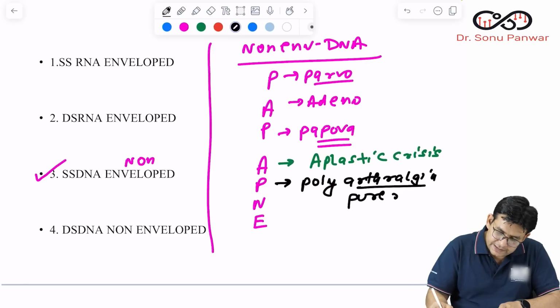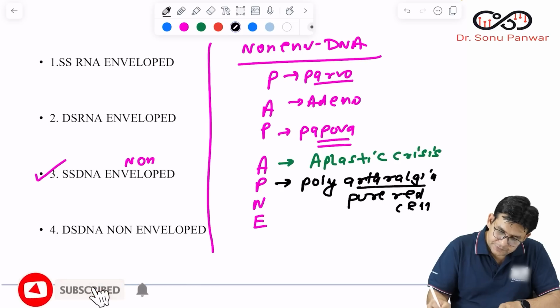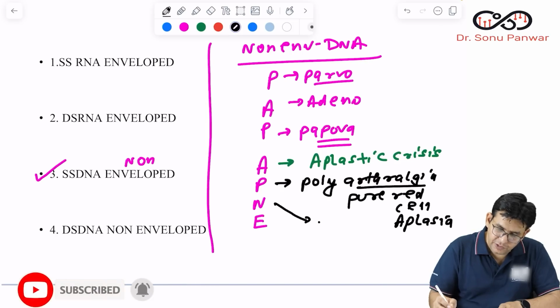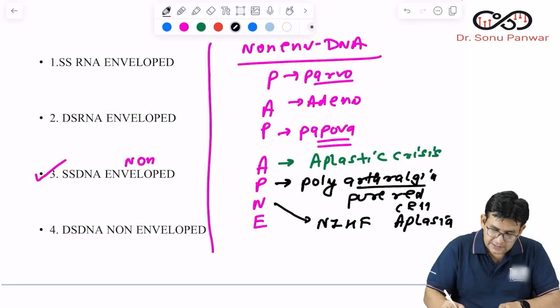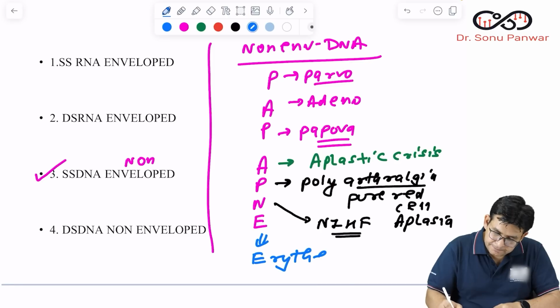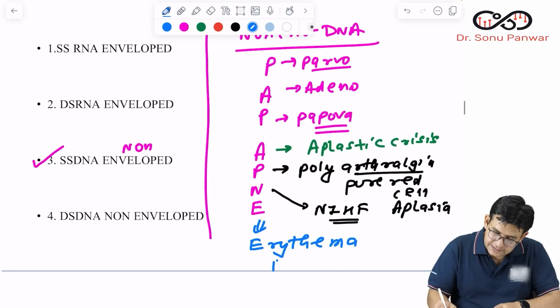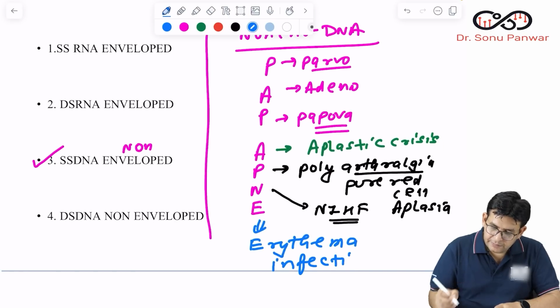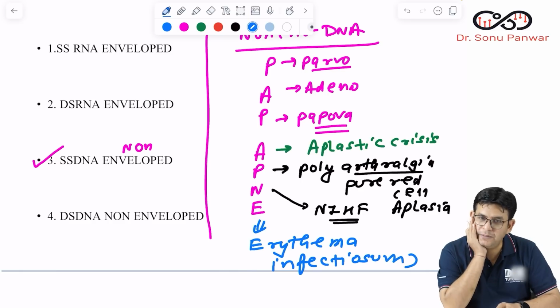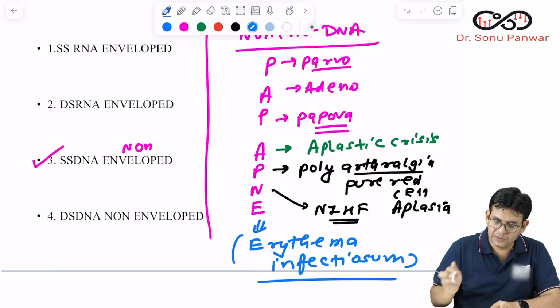N is NIHF, non-immune hydrops fetalis. E is erythema infectiosum, which is termed fifth disease, because five fingers got imprinted. So that particular one is erythema infectiosum.